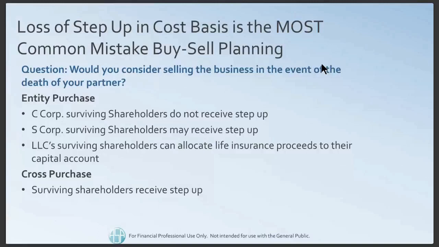In an entity purchase, C corporation, the surviving shareholders do not receive a step-up in cost basis. So if you have a C corp entity purchase and they think they might want to sell it, you want to make sure and discuss the cost basis step-up issue with the owners and their tax and legal advisors.